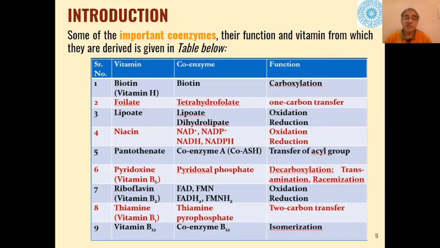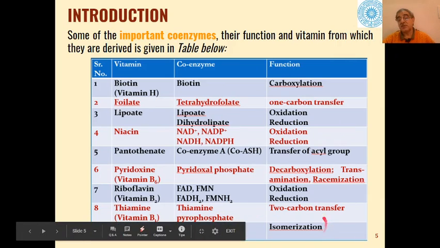The coenzyme is thiamine pyrophosphate, and this catalyzes two carbon transfer reactions in case of biosynthetic reactions. And the last one is coenzyme B12. This is derived from vitamin B12, and this is used for isomerization reactions in biosynthetic chemistry.